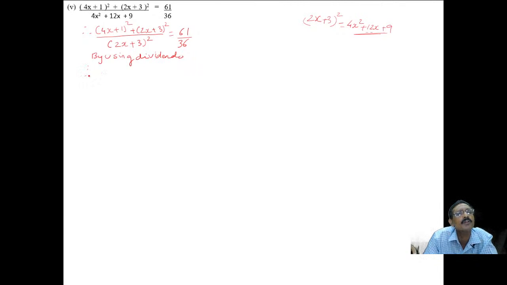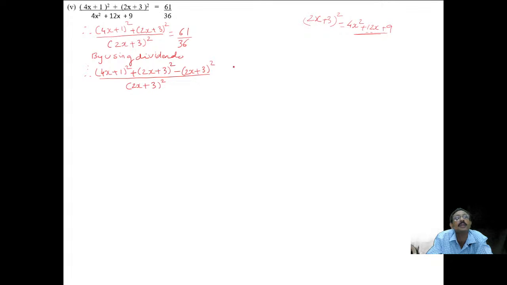Therefore, (4x plus 1) the whole square plus (2x plus 3) the whole square, and dividendo tells me minus (2x plus 3) the whole square upon (2x plus 3) the whole square, which is equal to 61 minus 36 upon 36.